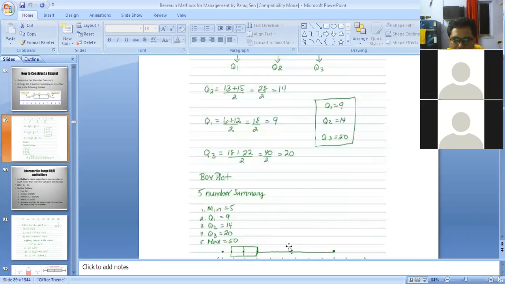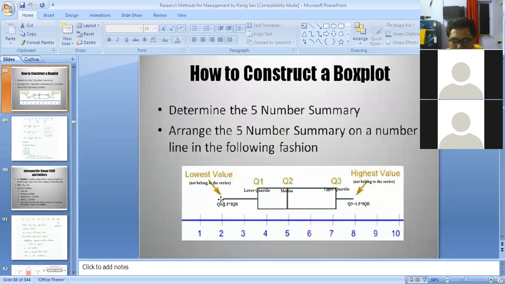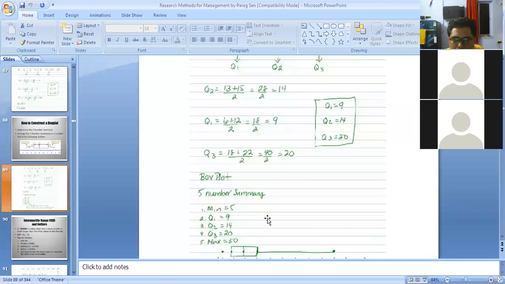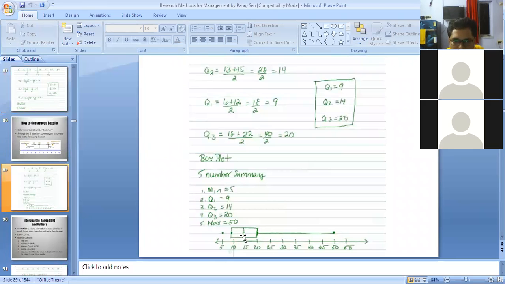This line will be extended up to 36.5, because these points represent the lower and upper bounds. They do not necessarily represent the smallest or highest value of the series. The diagram is wrong because when they drew the box plot, the tails show just the lowest and highest data of the series, not the upper bound or lower bound.